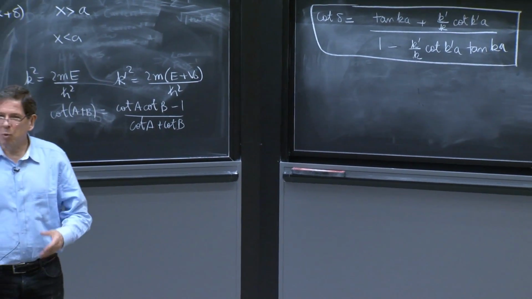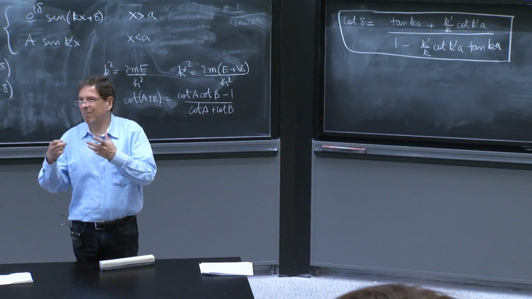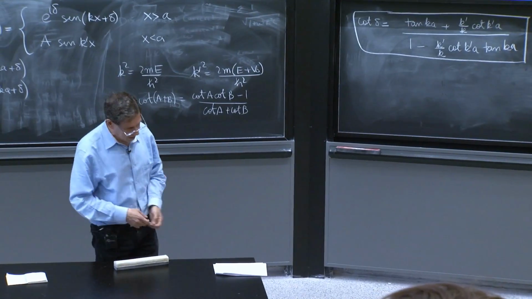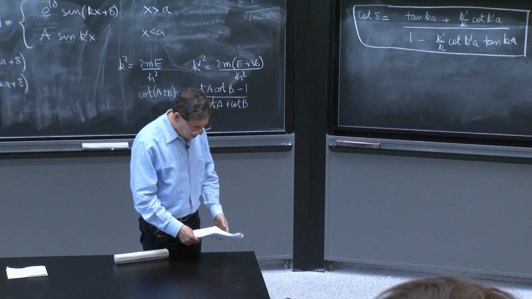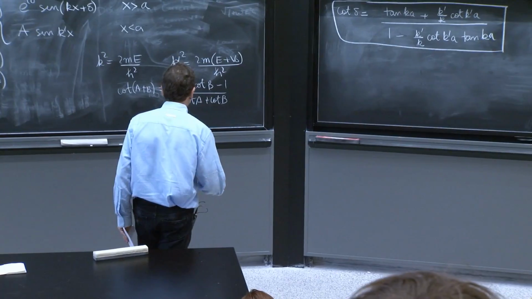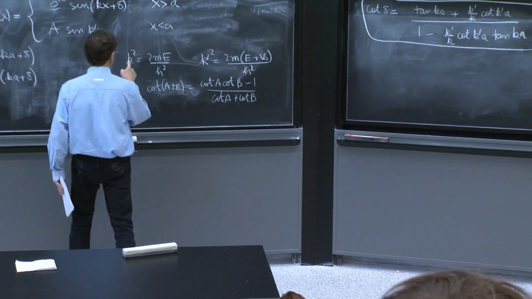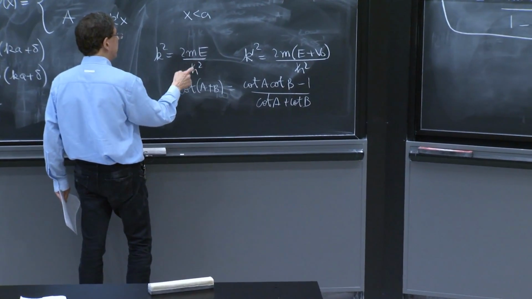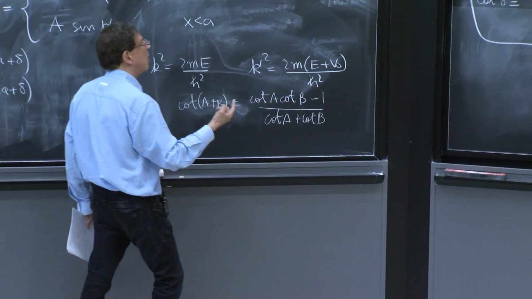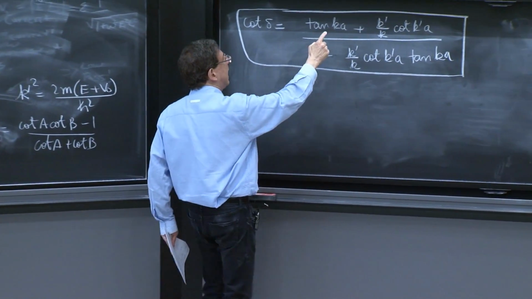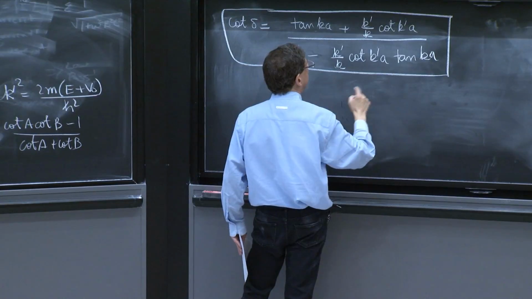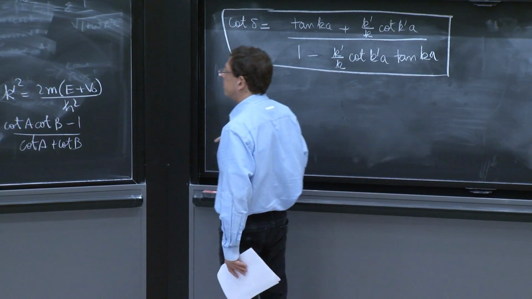So you would want to figure out what the right variables are to plot this. And the right variables suggest themselves. From k squared equals 2mE over h bar squared, unitless constants are things like ka, k prime a, and that's it.